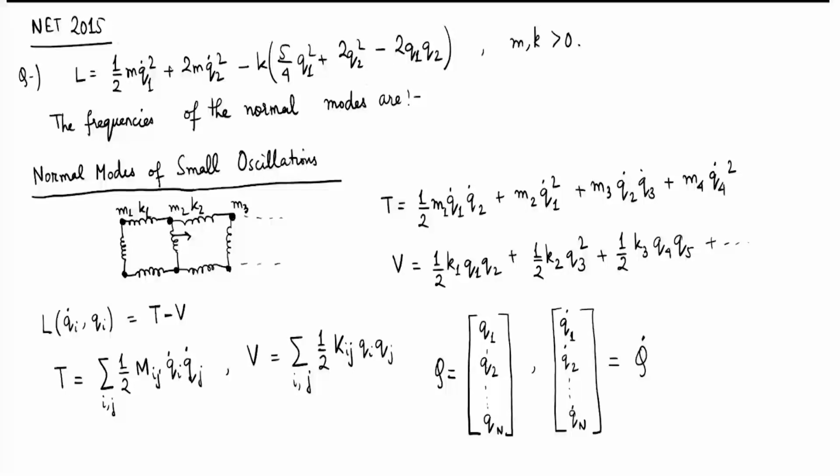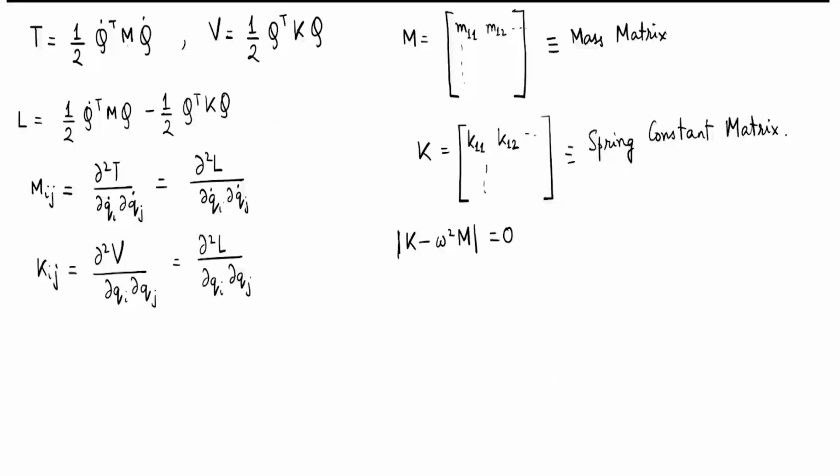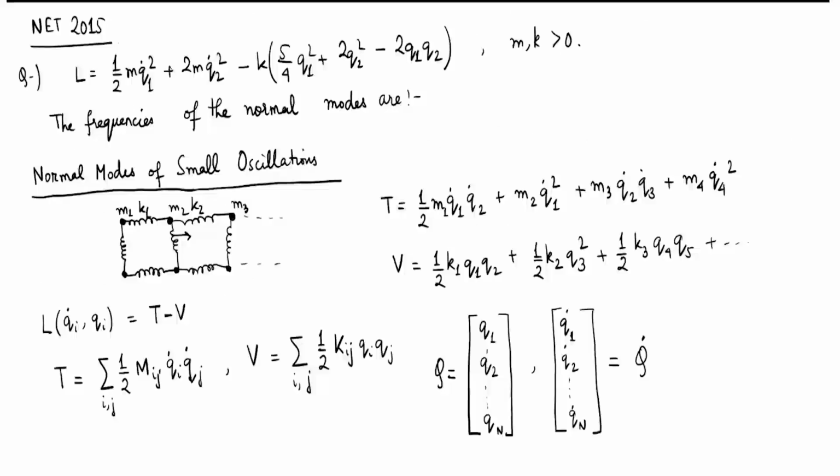So what you have to do is find the mass matrix and the spring constant matrix. Since there are two particles involved, q1 and q2 and their velocities q1 dot and q2 dot, this will be a 2 by 2 matrix. So let us do it.